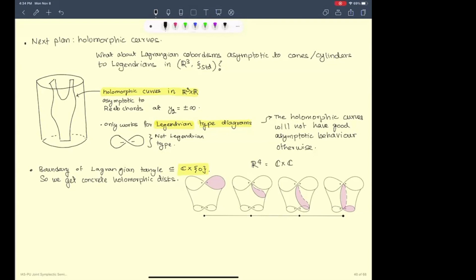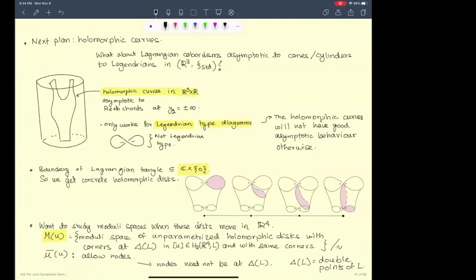They start in R2 and then we let them move. So we're setting up some moduli spaces. I'm looking at unparameterized disks with corners, and the corners are at double points of the Lagrangian tangle, with standard quotienting. And this M bar will allow nodal such objects, also a standard thing we do. Okay, so these are the holomorphic curve moduli spaces I'll be studying.